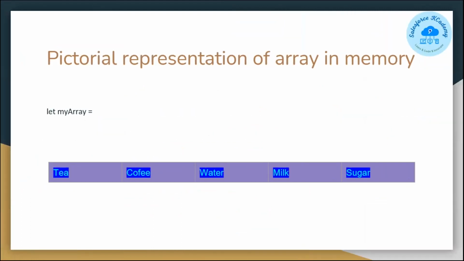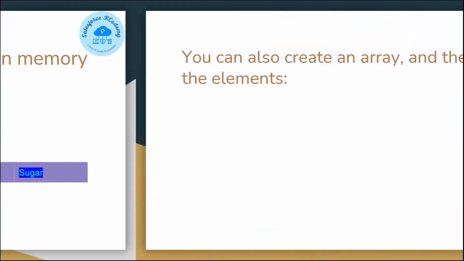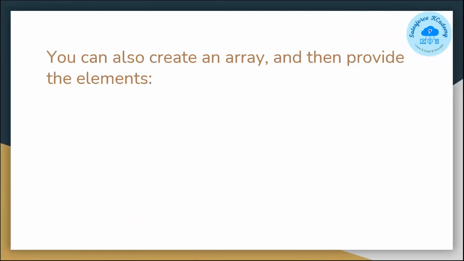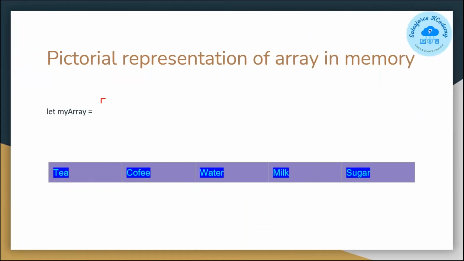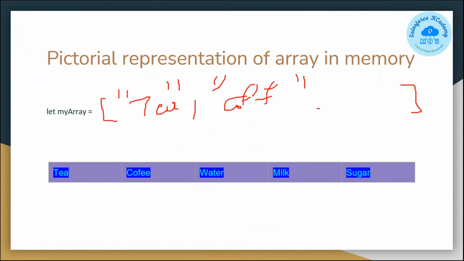Now, what we have seen in the past slide is creating an array using square brackets and writing tea, then coffee. So like this, you have to write 5 values.